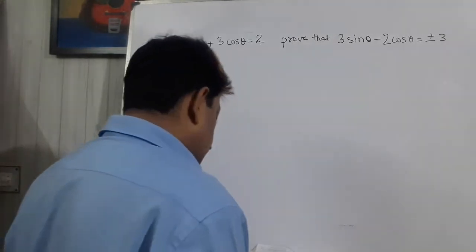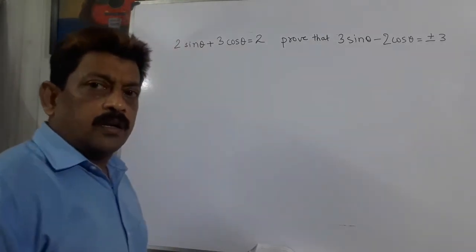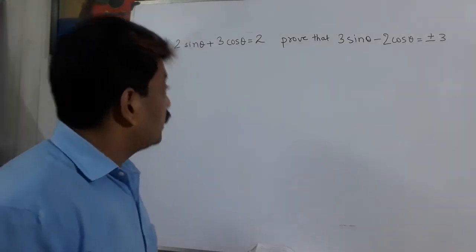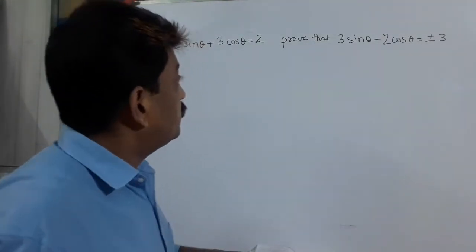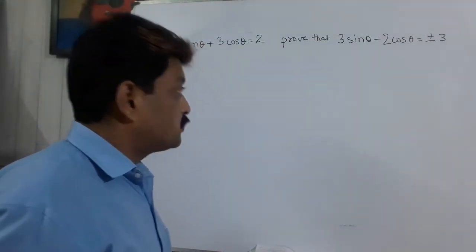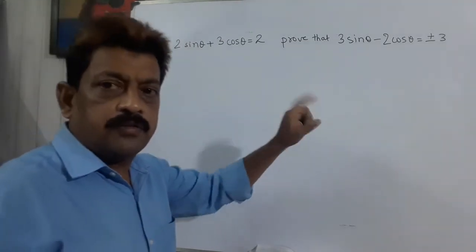It is given in the question 2 sin theta plus 3 cos theta equals 2, and we have to prove that 3 sin theta minus 2 cos theta equals plus minus 3.